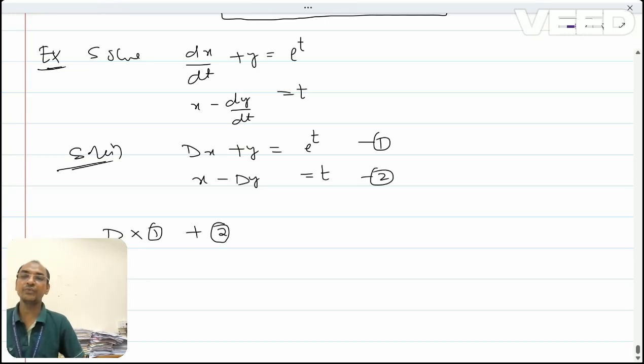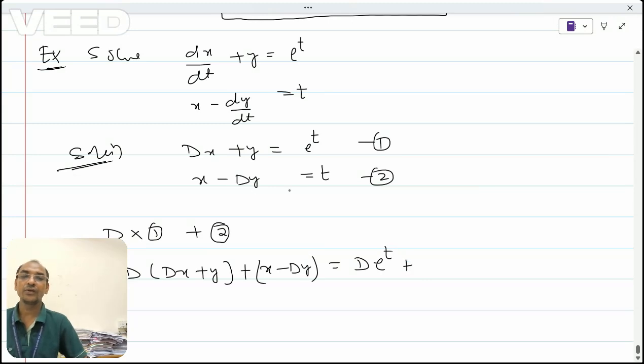D into (Dx plus y) and plus (x minus Dy). And what will happen to the right hand side? D I am multiplying with e to the power t, so D of e to the power t, plus t.